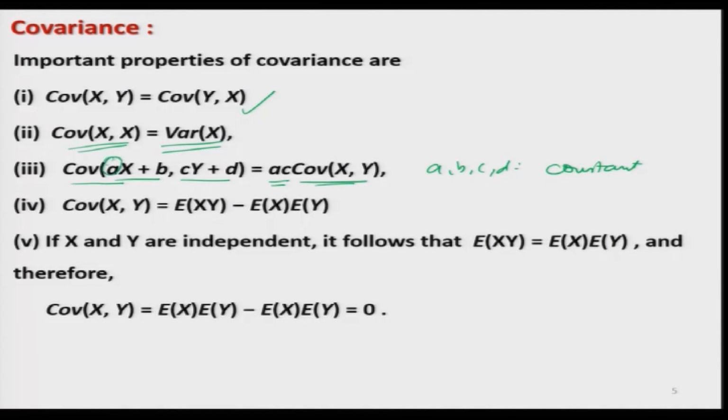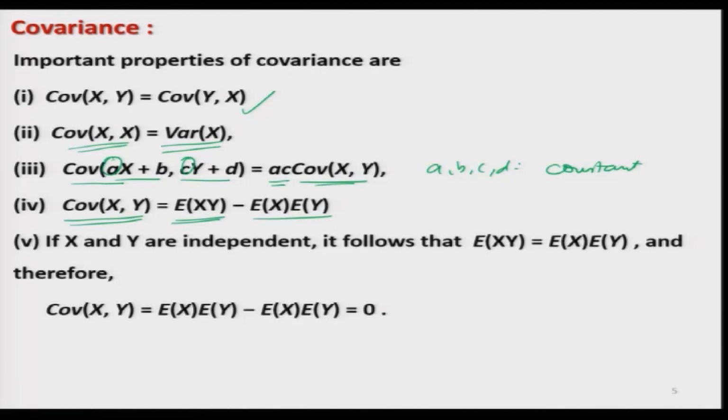So, you have to consider only the coefficients of x and y. And the result that I already showed you, that covariance between x and y can be expressed as expected value of x y minus expected value of x into expected value of y.